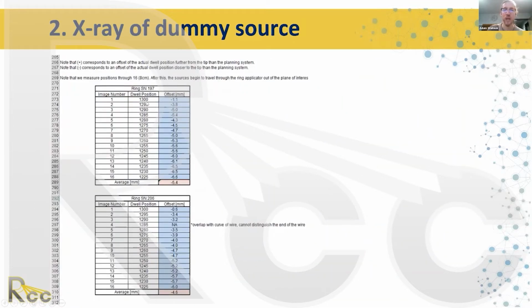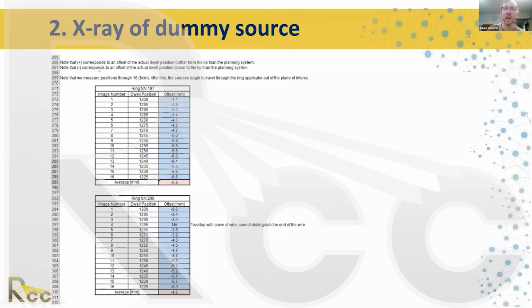Again, we would write out what these offsets are. And so for a particular dwell position, where it is in TPS, and how far different it is using the dummy source to see where the active source would be. And we would just plot this out. Notice in my explanation, I put a note of what negative means.